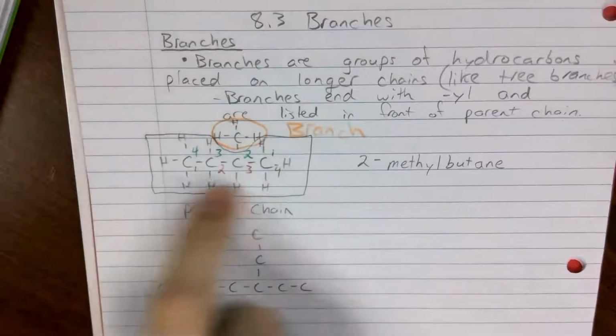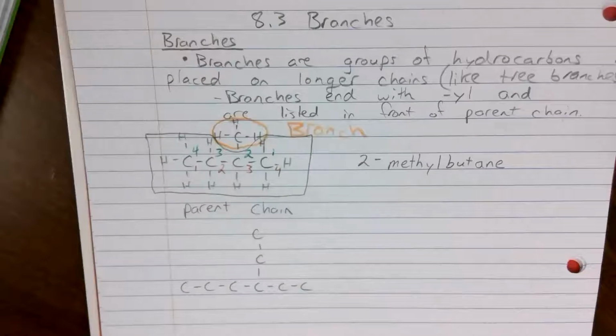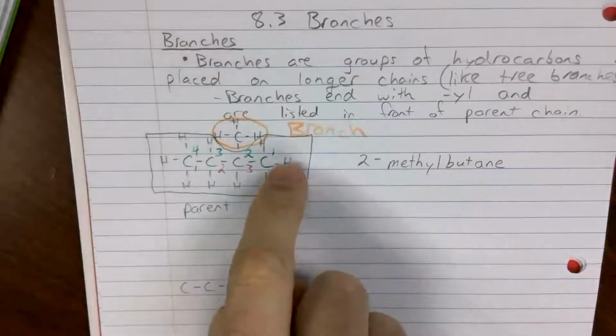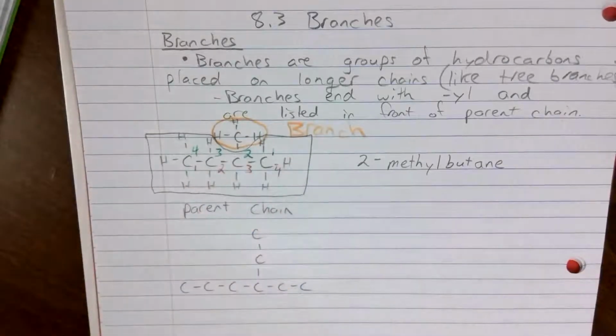So if I had gone left to right, I would call it 3-methylbutane. Coming back right to left, it's 2-methylbutane. 2 is lower than 3, so we go with 2. So the rule is lowest number, left to right, right to left. That doesn't matter. In fact, I'm going to throw something on top of that here in another example or two.